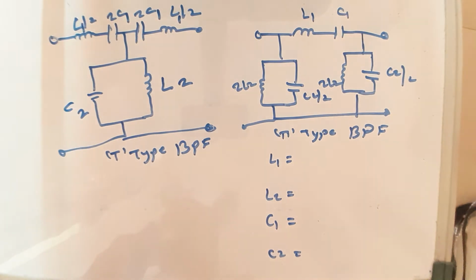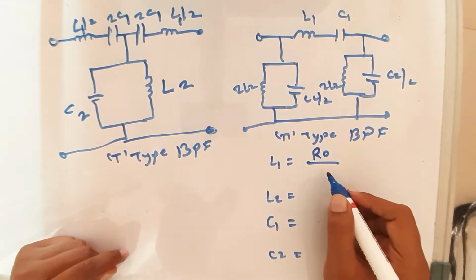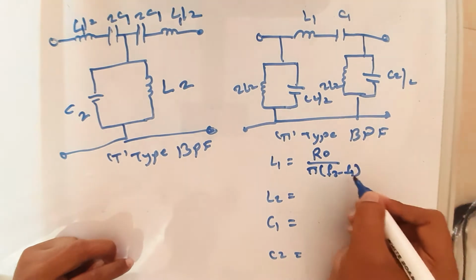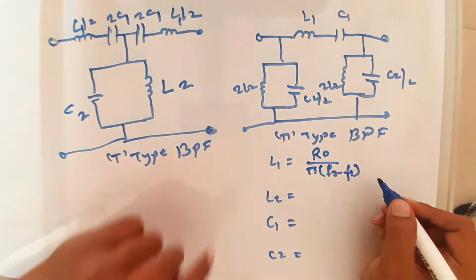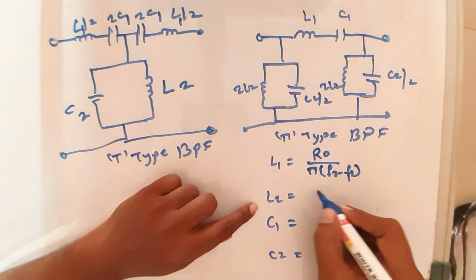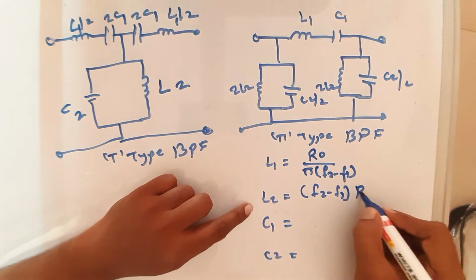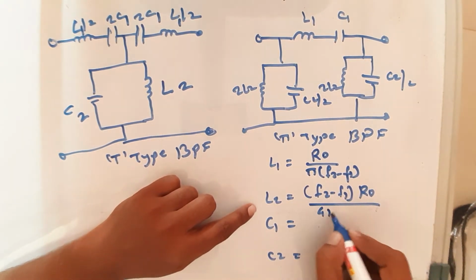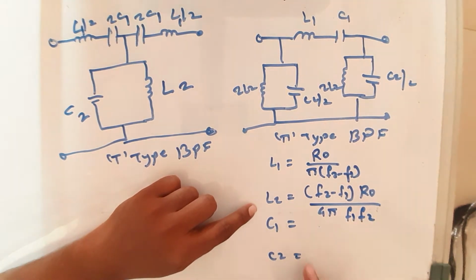Okay, so for L1 we have the formula R0, that is the design impedance, R0 divided by pi (F2 minus F1). F2 and F1 are two cutoff frequencies. Then for L2, (F2 minus F1) R0 divided by 4 pi F1 F2.